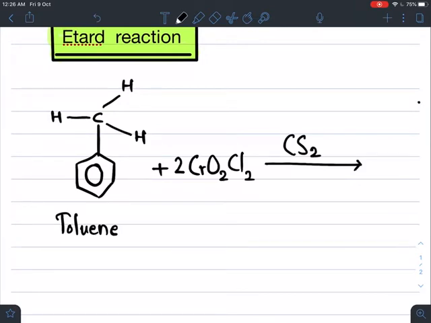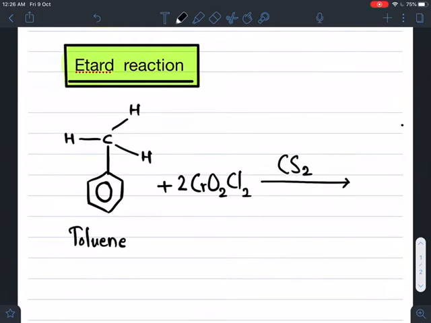Then how the reaction takes place, let's see. Actually the formula of chromyl chloride is chromium attached with a doubly bonded oxygen, again one more double bonded O, and the chlorines are bonded with single covalent bonds.